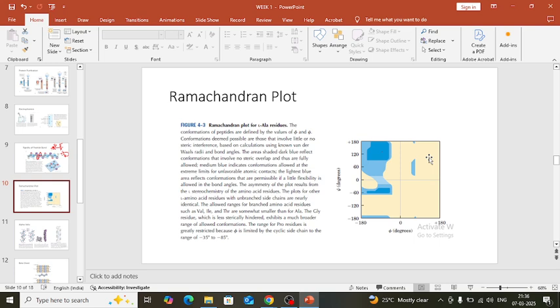If phi is minus 90 and psi is 120, then you are falling in the allowed region. So that conformation is allowed and stable. Understood? How to use this plot?